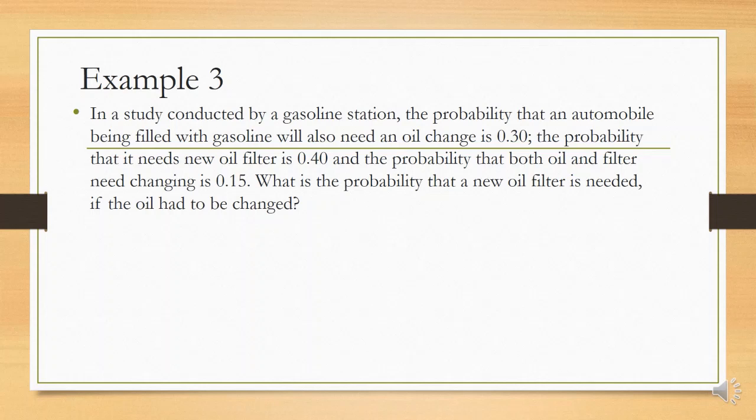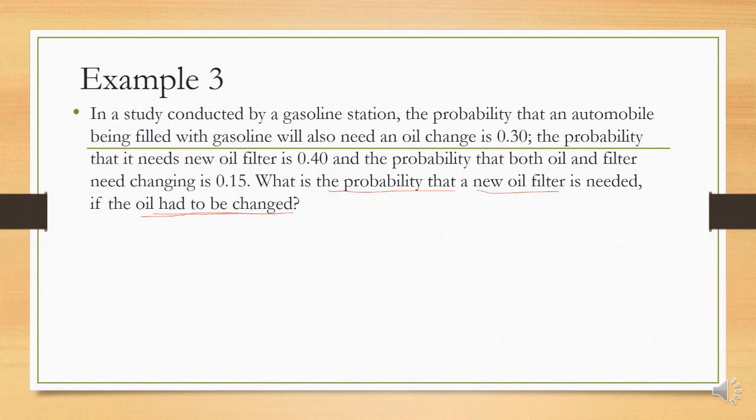What is the probability that a new oil filter is needed if the oil had to be changed? Okay? So, kumbaga, meron tayong conditional probability dito kasi tinatanong niya yung probability ng second event if nangyari or kailangan ng oil change din.